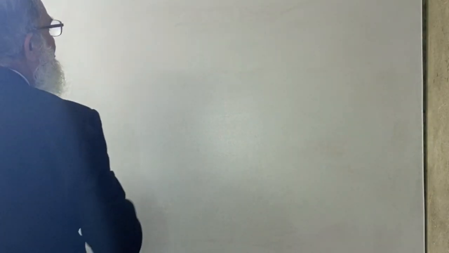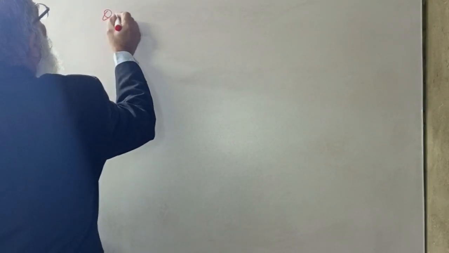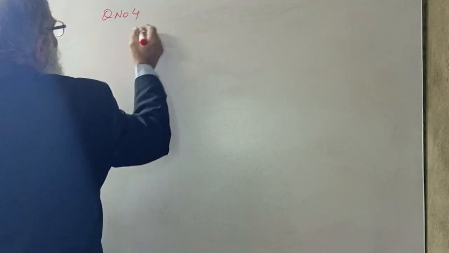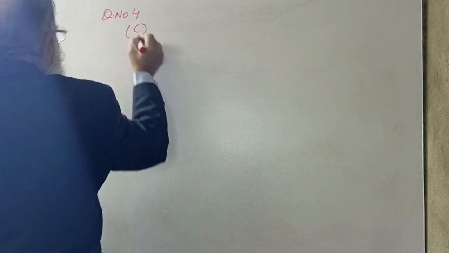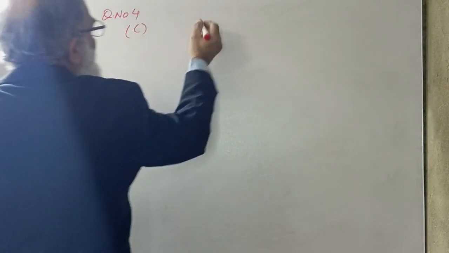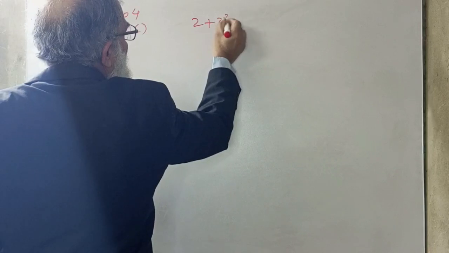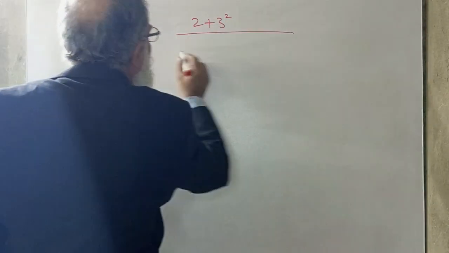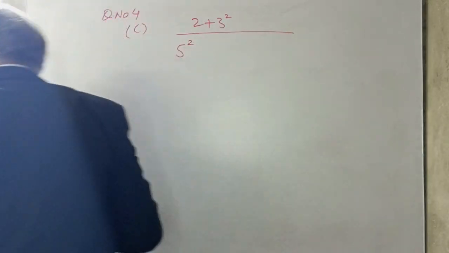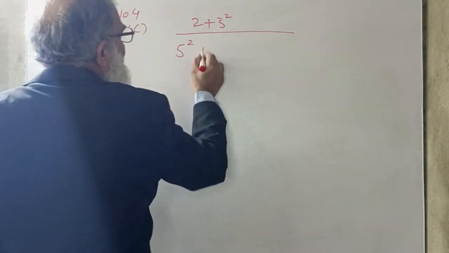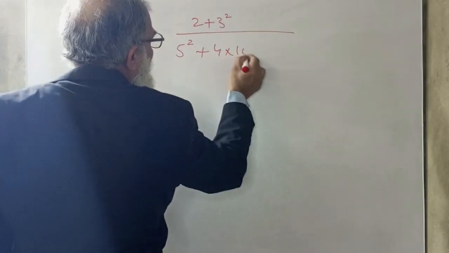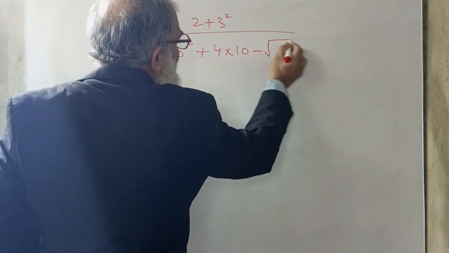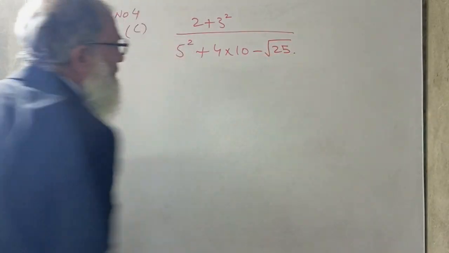Question number 4, part B, C. 2 plus 3 divided by 5 square plus 4 multiplied 10 minus the square root of 25.